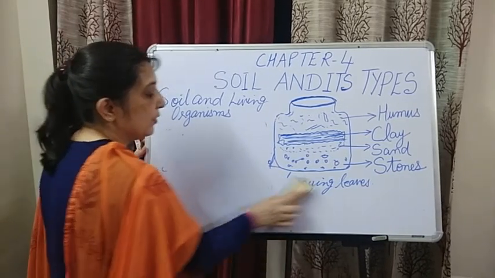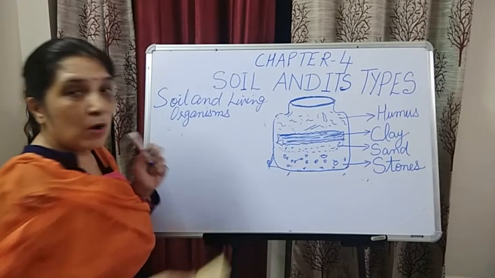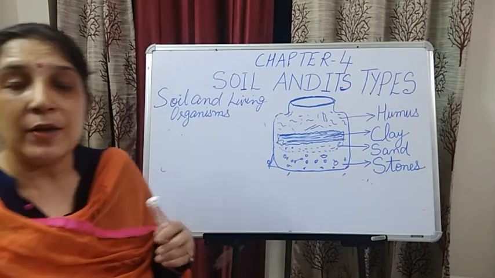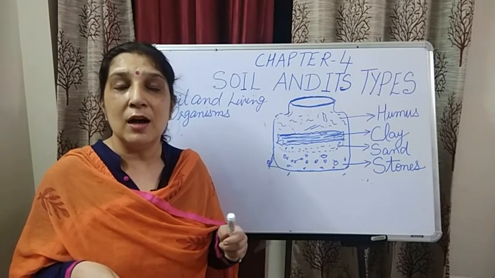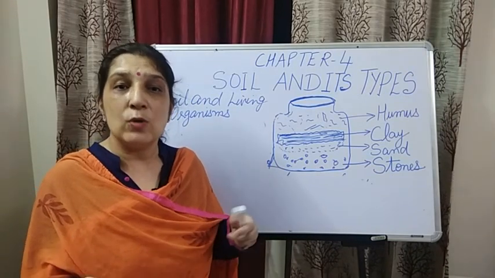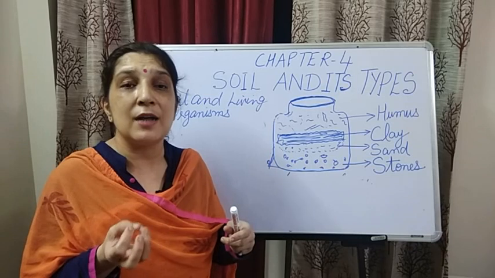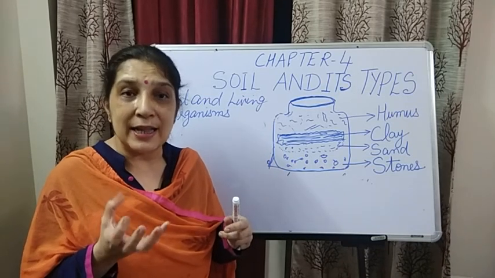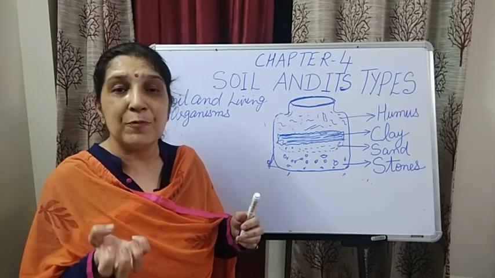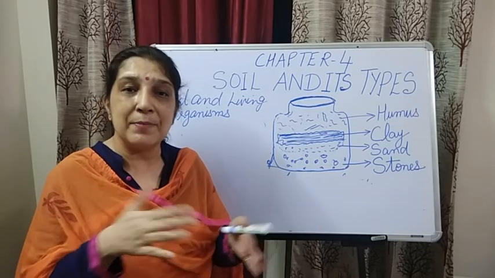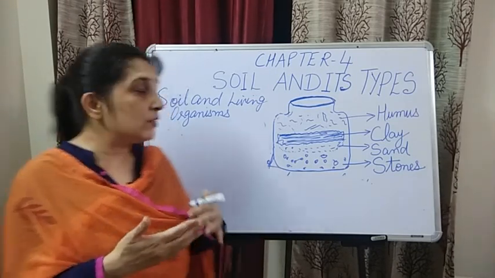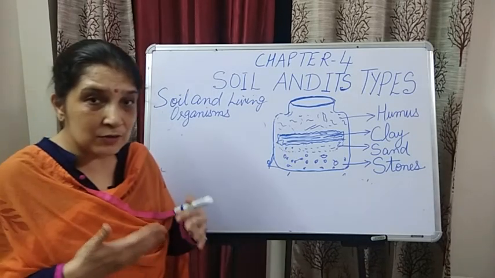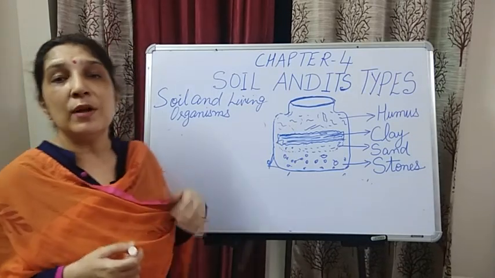I told you that even earthworms live in the soil. Now what do earthworms do? They go deep inside the soil and take out the nutrients. Nutrients are the important and healthy things which they take up from deep inside the soil and mix into the different layers, bring it up, and when this mixes in the soil, it makes the soil more fertile.